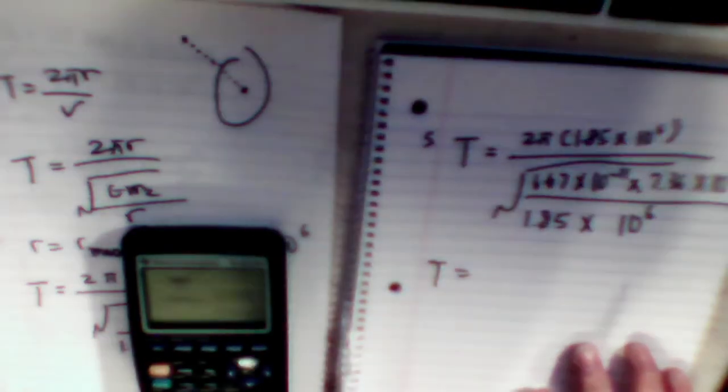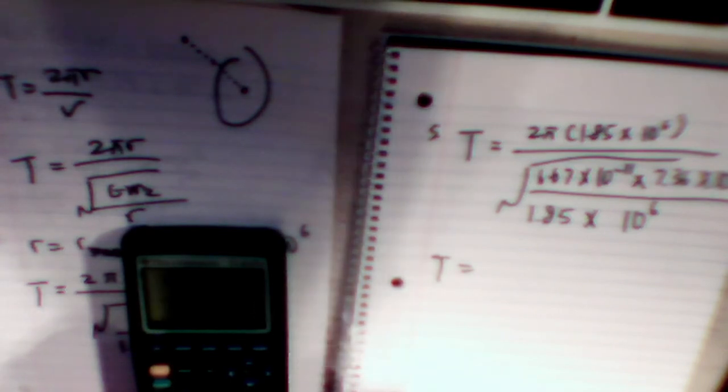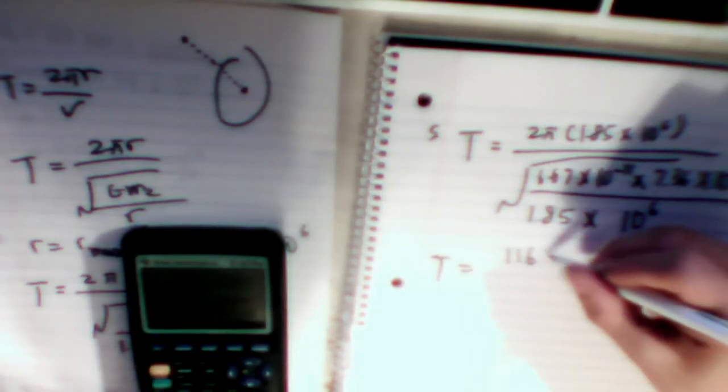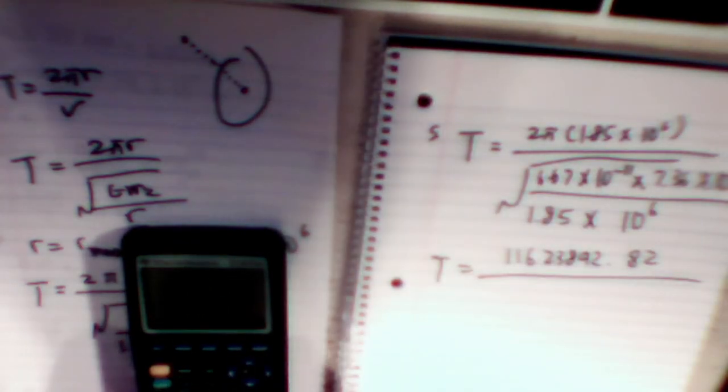And let's see what we get. I'm going to do the top and the bottom separately just to make sure my answer is correct. So 2 times pi times 1.85 times 10 to the 6th is going to be 1162389.82 by 67.